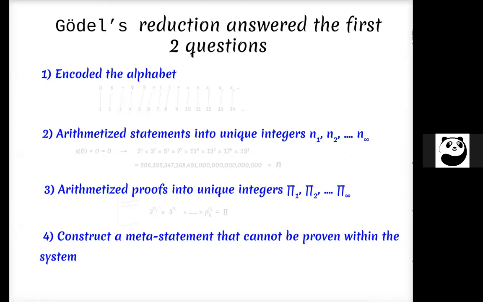And finally, we constructed a meta statement, a statement about statements in the system that cannot possibly be proven within the system because of that weird self-referential thing.